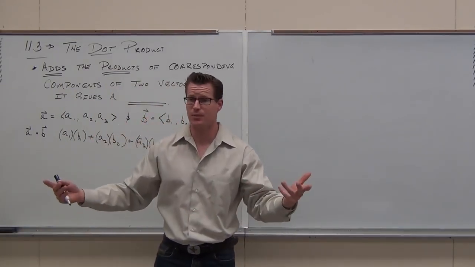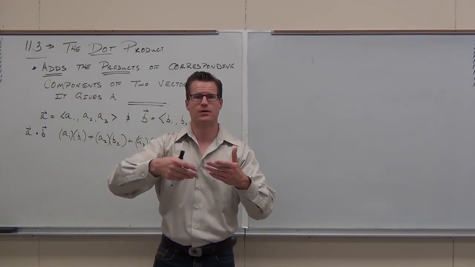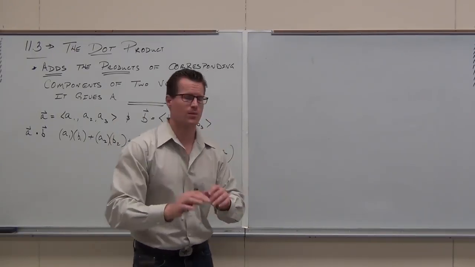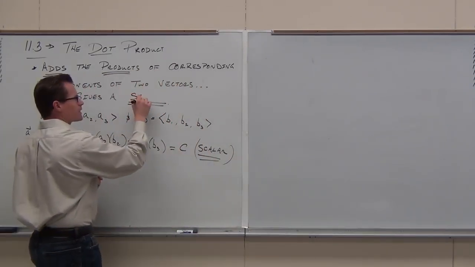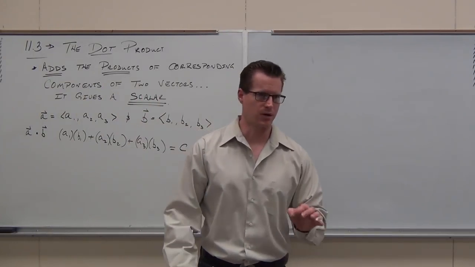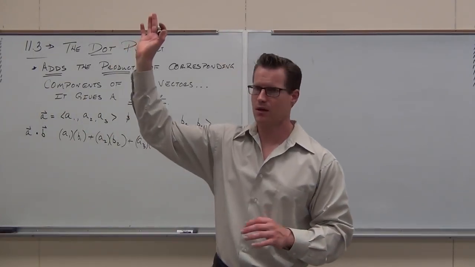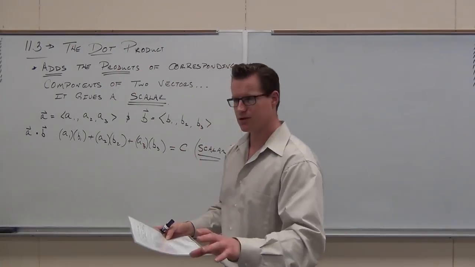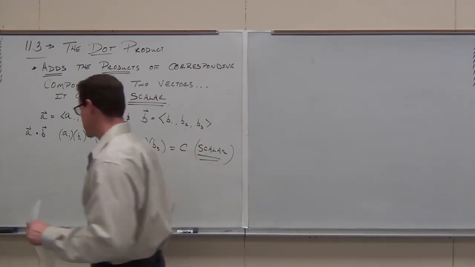What's it give you? It's a number. It's a way that these vectors relate to one another. We're going to talk a lot about that. But for right now, the thing I want you most to understand is that we get a scalar out of this dot product operation. Show of hands if you do understand that. That's fantastic. Let's practice one right now to make sure that we got this, and then we're going to continue.